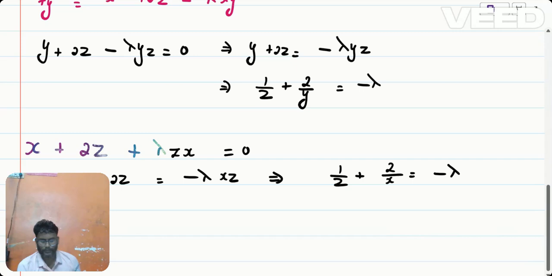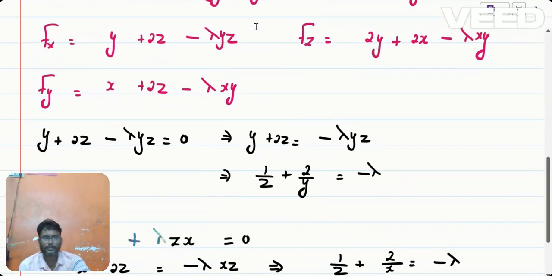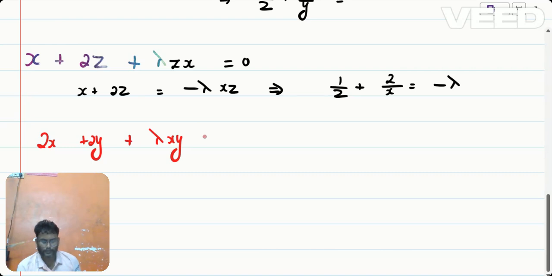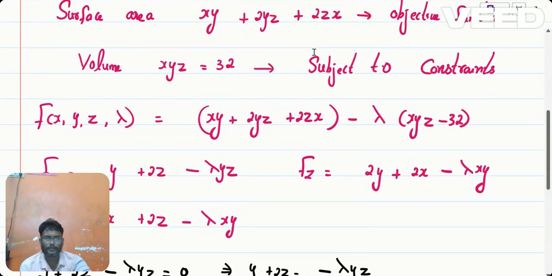Similarly, if I use the third equation, that is 2x plus 2y minus lambda xy equal to 0.